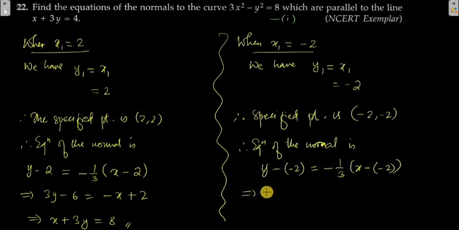Bring this 3 out here, so you get 3y, minus into minus is plus, 3 into 2 is 6, equals minus x, minus into minus is plus, plus into minus is again minus, minus 2, right? So bring this thing out here, so you get x plus 3y. If you want to bring this out there, that can be done, or if you want to take this out here and write plus 8, that is also fine. So plus 8 equals 0. So this is your other equation of the normal.